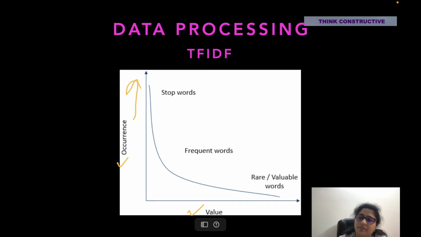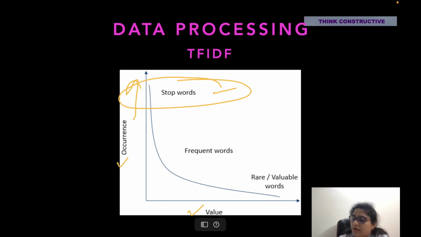A word which comes in my corpus in multiple documents, multiple times, doesn't carry much value because it's getting continuously repeated. Those words are termed stop words, and we end up removing them, because they are only flooding my data, nothing else.